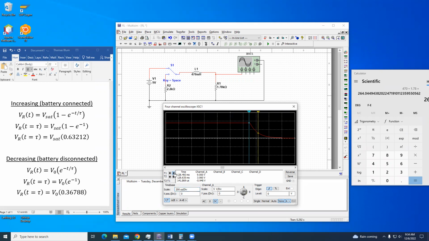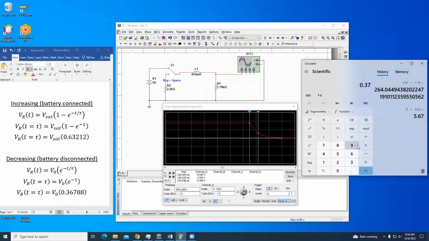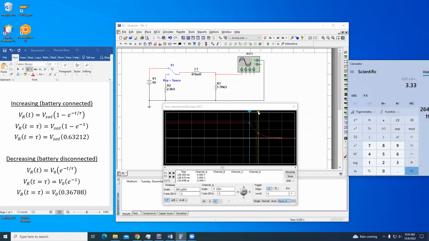And then I'm looking for it to start to change. And then I'll go back. It just started to change. I'll go back. And now when going down, I'm looking for 37% of the 9. And that's 3.33. So I'm looking for this number 2 here to be 3.33. There. So we're close there. All right. Time constant now is 124 microseconds.